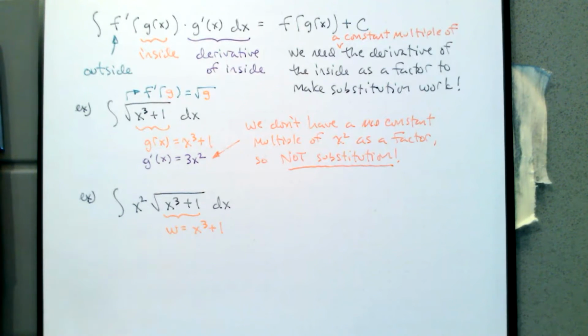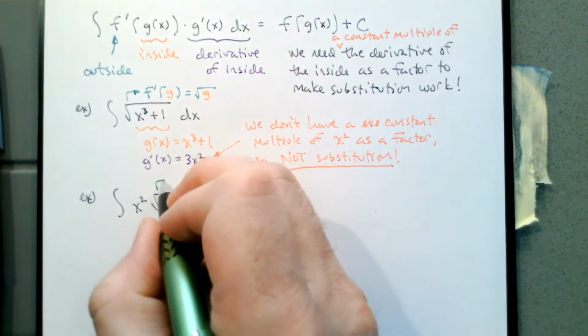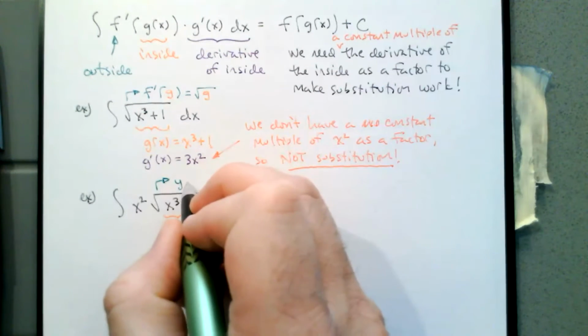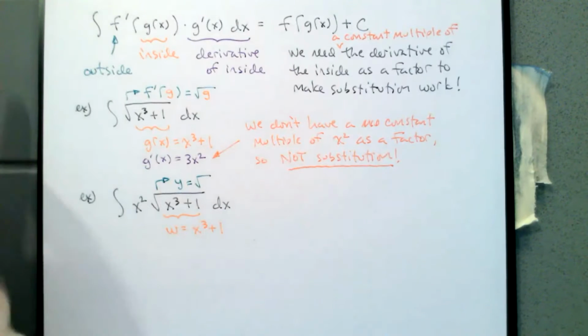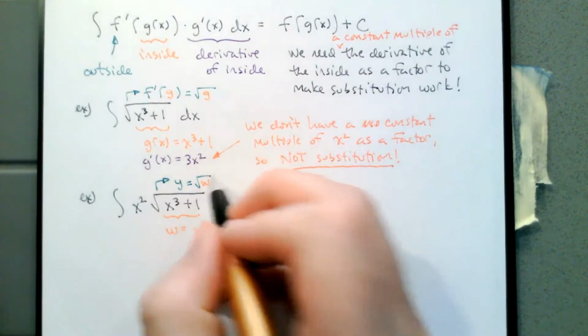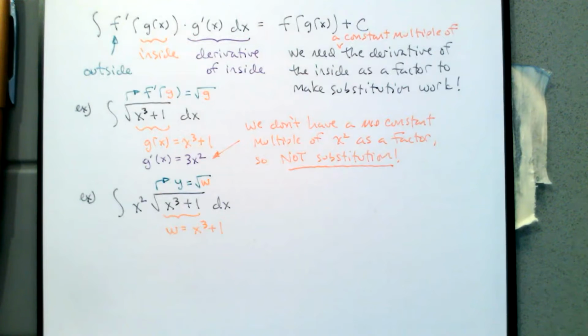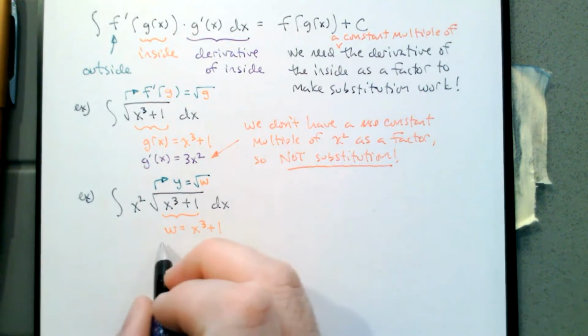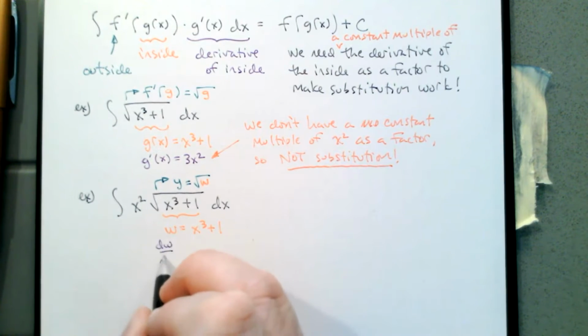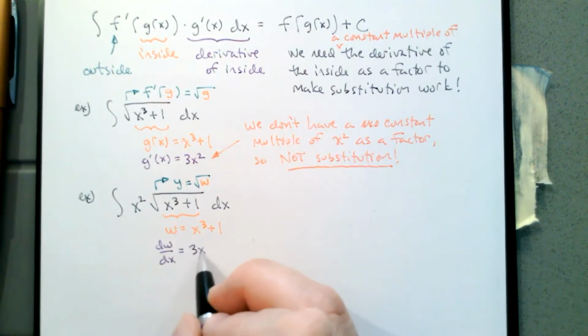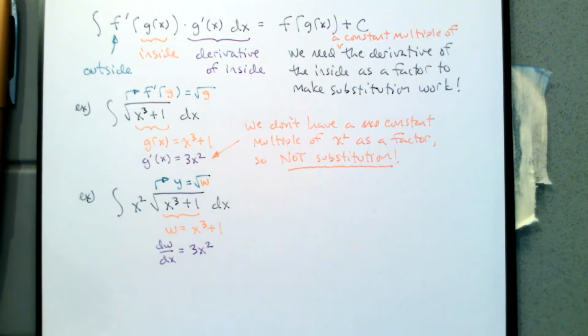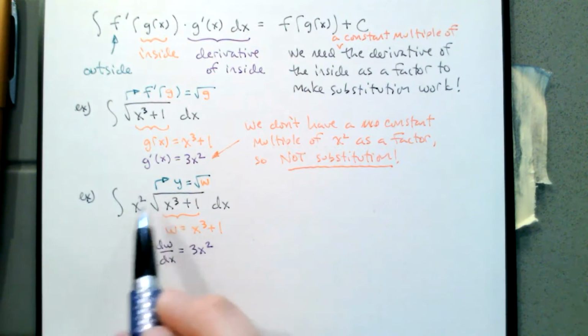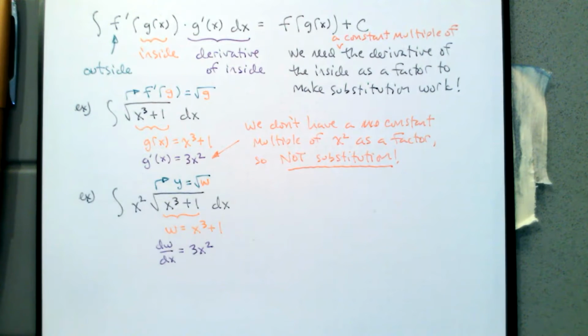Our outside function as a function of w is going to be the square root of w. To make this substitution work, I have to have a dw dx of 3x squared. I don't have precisely 3x squared, but I've got x squared, which is good enough. We do have a constant multiple of 3x squared as a factor.